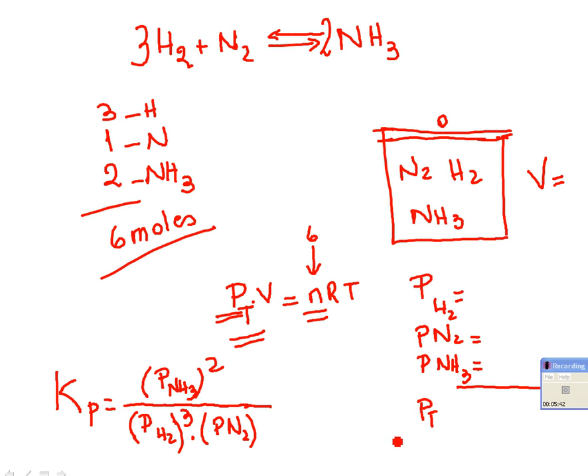Now, there is another way of calculating the pressure of each of the gases. If you have the total pressure and you know the mole ratio of each gas, we can calculate the pressure by multiplying that mole ratio by the total.